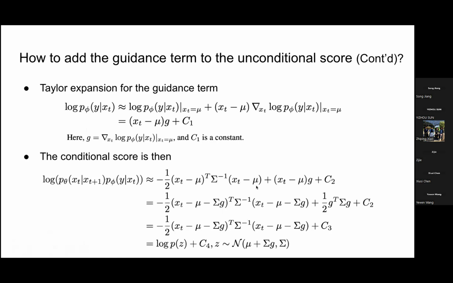After some manipulation, we can finally have something like this, and this is log P of Z. Z is another Gaussian distribution whose mean is a little bit shifted from the mu, and the offset of the shift is modeled by G, and G is the classifier.